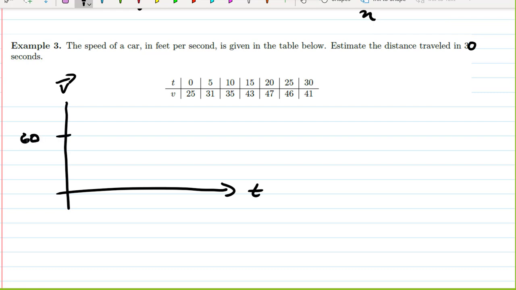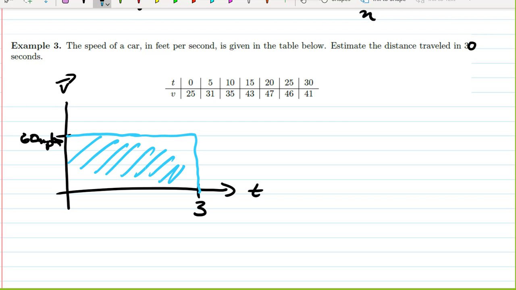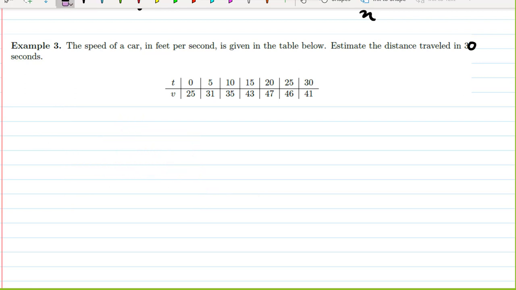If I'm driving 60 miles per hour for 3 hours, that's a constant function if I graph it. What would the area of this rectangle be? Its width is 3 and its height is 60, so its area is 180. So the area of that rectangle represents the total distance traveled. Turns out, in general, that is true, as we'll talk about more in Chapter 5.